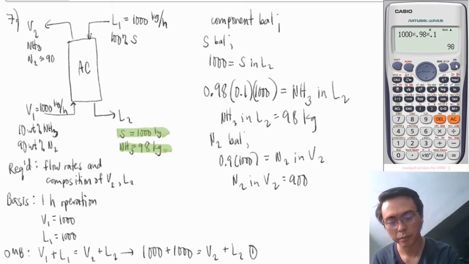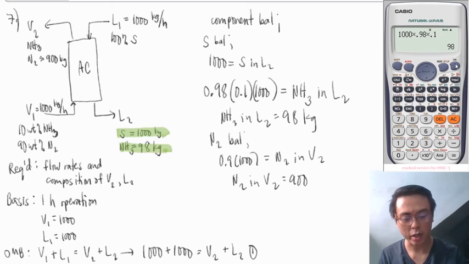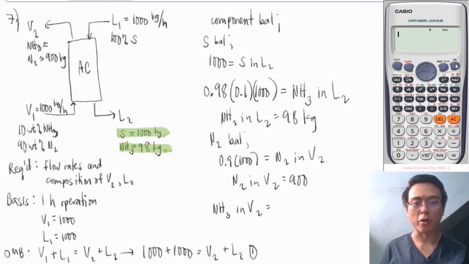Next, how much ammonia? So earlier, we stated that 98% of the ammonia is transferred to the liquid phase. Therefore, the remaining 2% will be left in the gas phase. So the amount of ammonia remaining in V2 will be 10% of V1 times 2%.